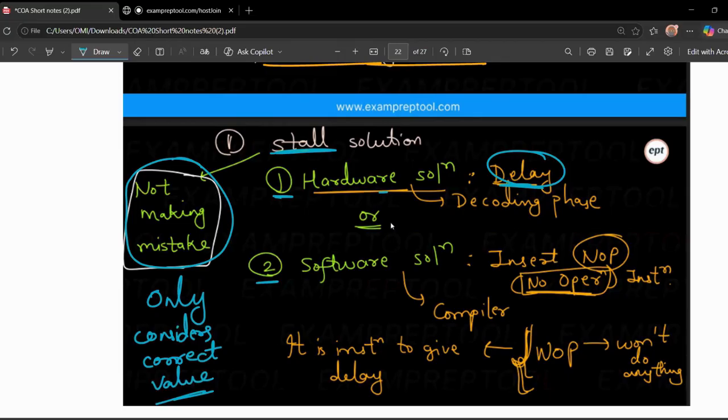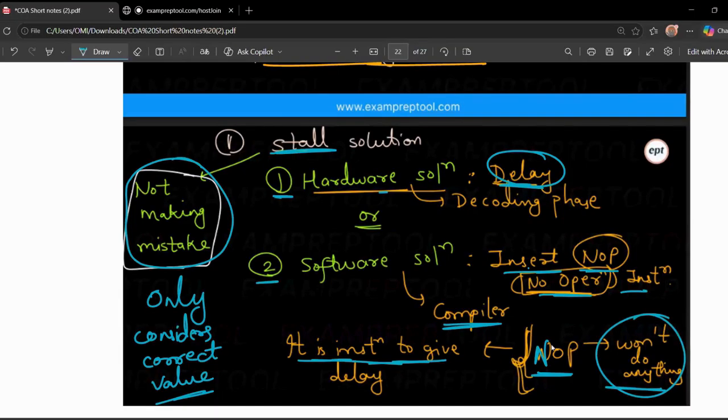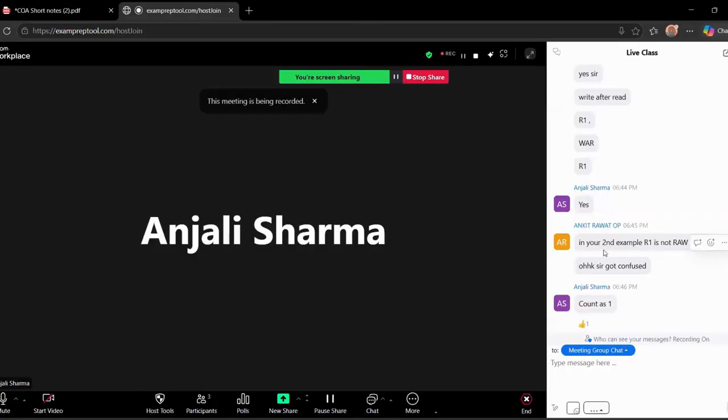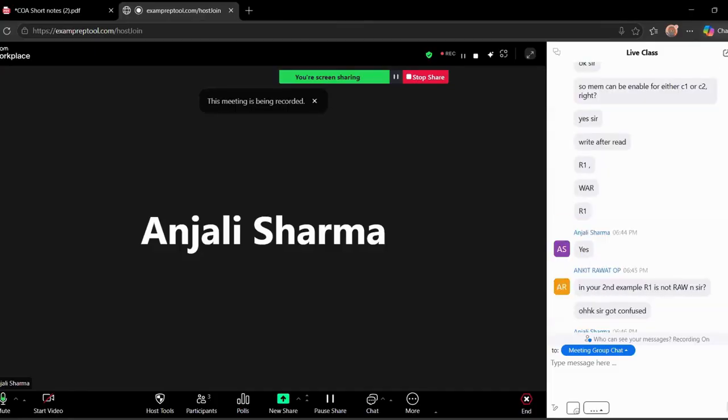The second is the software solution, which means inserting no operation. NOP means no operation instruction, and that can be done by the compiler. It won't do anything; it is an instruction only to give the delay, and it can be inserted by your compiler.